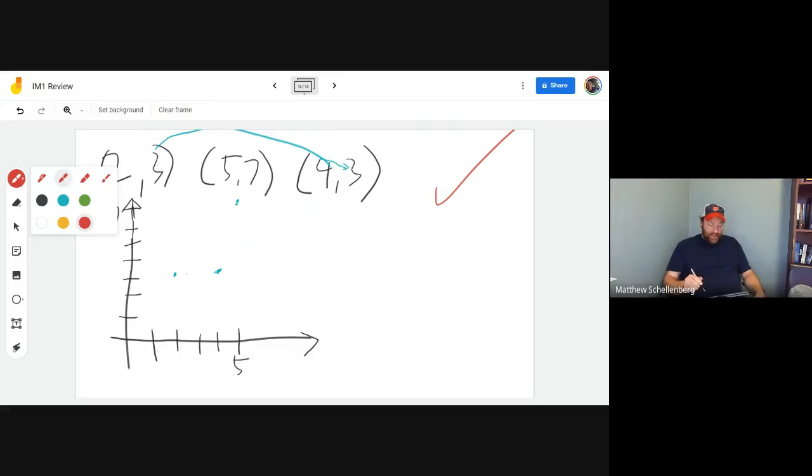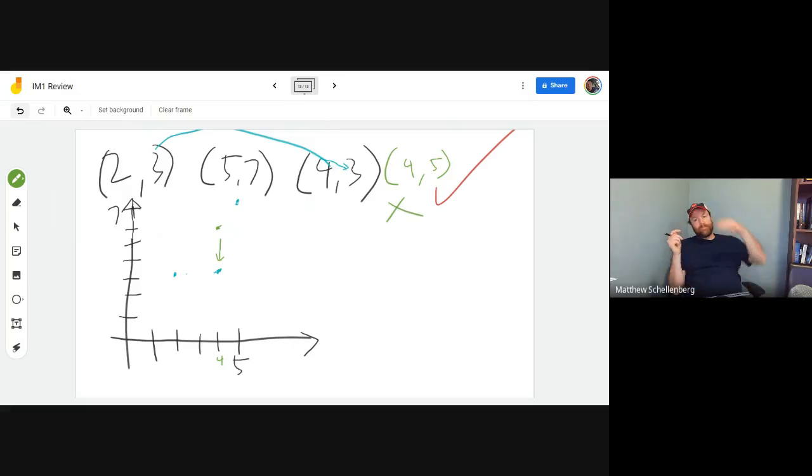So if I added the point, let's say I added 4 comma 5. So here's 4, and 5 would be right here, and this would be right on top of this one, and therefore it would be not okay.